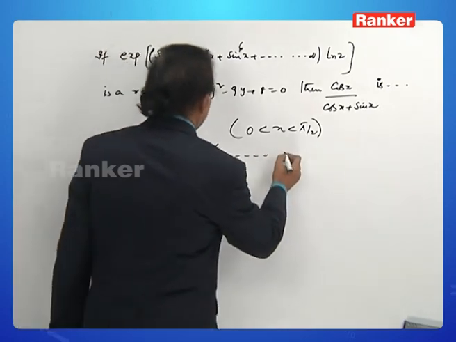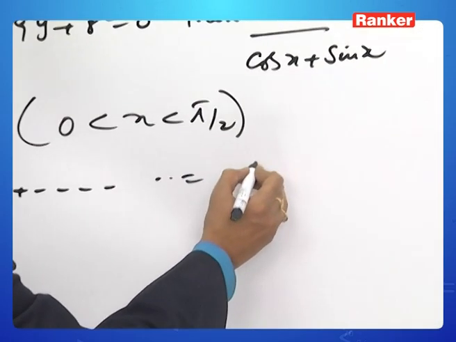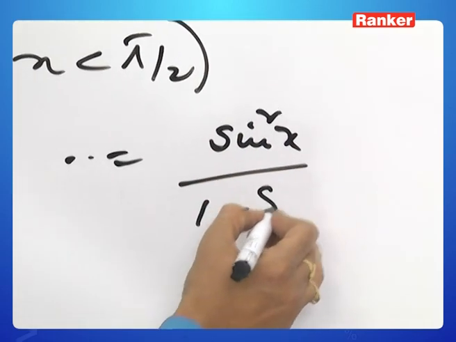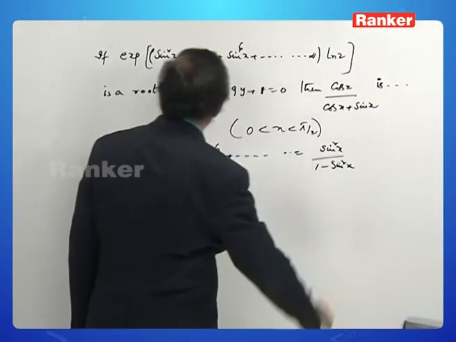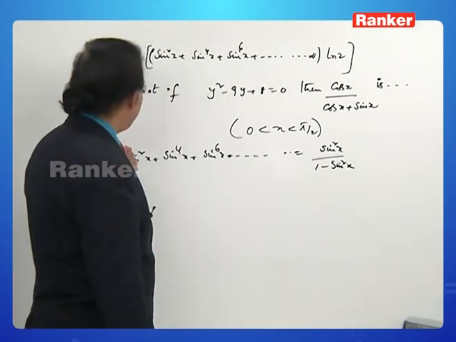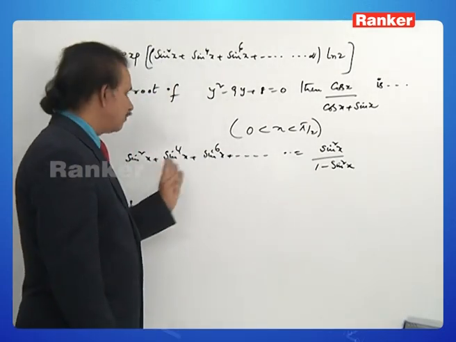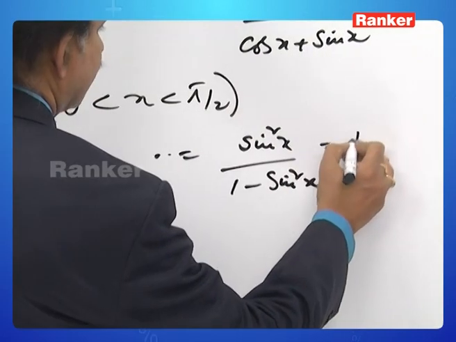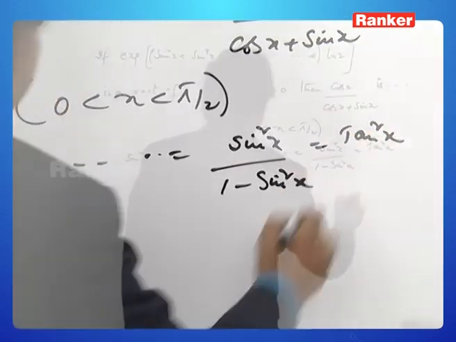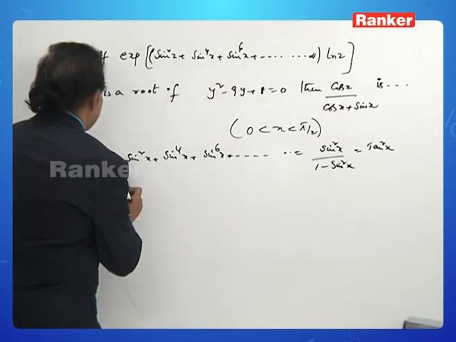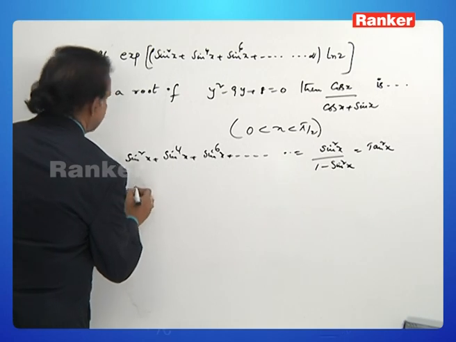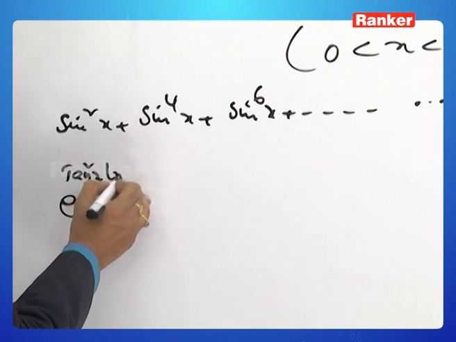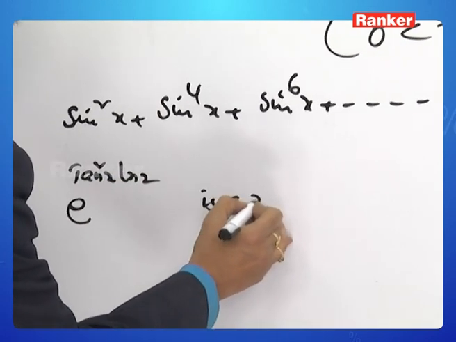And you can use the formula a by 1 minus r, isn't it? A means first term, r means common ratio. Sine square x by 1 minus sine square x is nothing but tan square x.